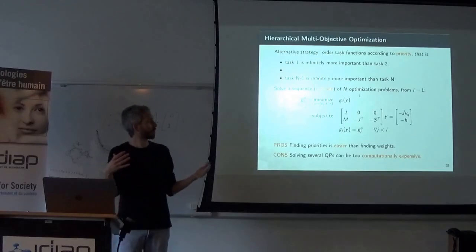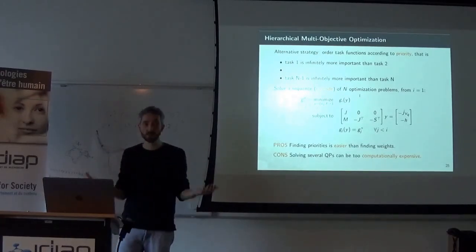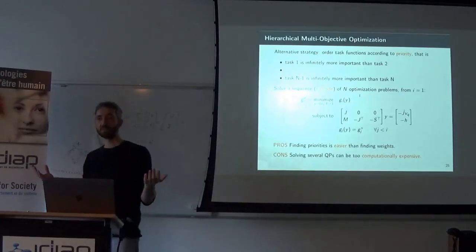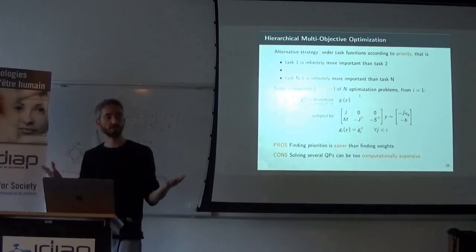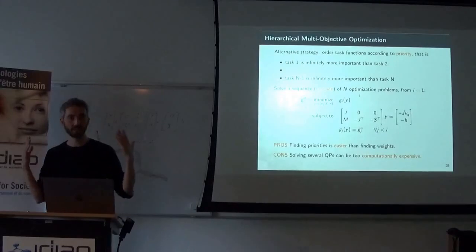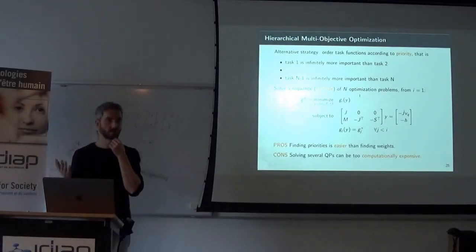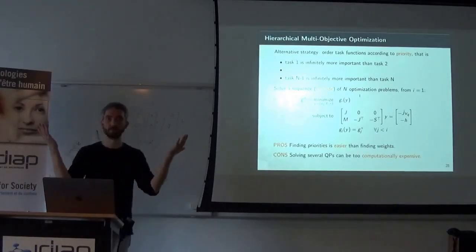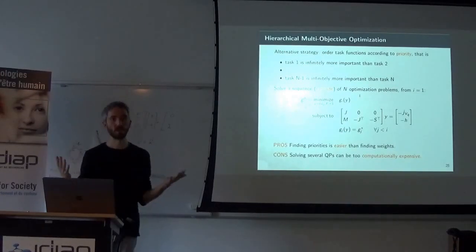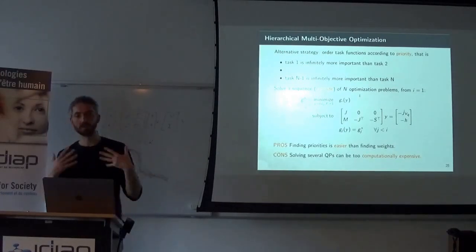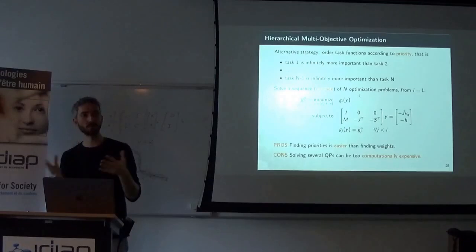Or you can also try to use a hierarchical solver, but there are no off-the-shelf hierarchical solvers available. The only one I can think of is the one that Nicolas wrote, but it's a research prototype, so it's not something super reliable that you can just use off the shelf.